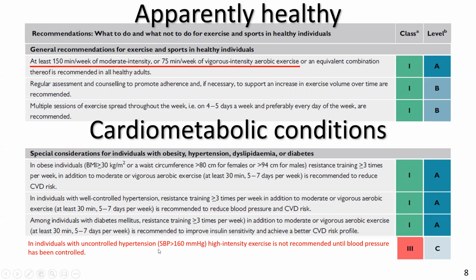For cardiometabolic conditions, including obesity, hypertension, dyslipidemias, and diabetes, in obese individuals defined as BMI more than 30 kilograms per metre squared, or waist circumference more than 80 for females or more than 94 for males, resistance training should be added at least 3 times per week, in addition to moderate or vigorous aerobic exercise, which will be 5 to 7 days a week of at least 30 minutes.